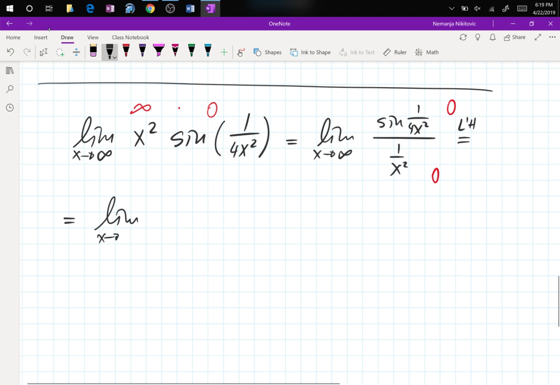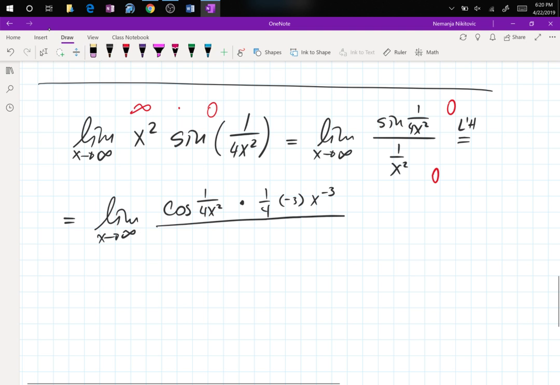Limit as x goes to infinity. The derivative in the numerator: the derivative of sine is cosine of 1 over 4x squared. And now I have to multiply this by the derivative here, which is 1/4, and then you have negative 3 x to the negative 3.